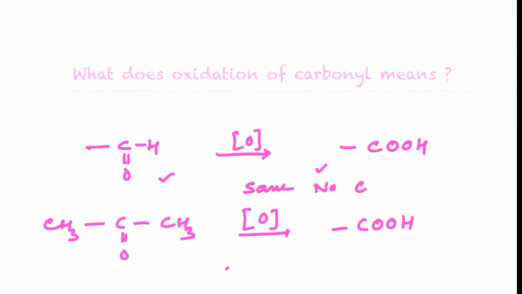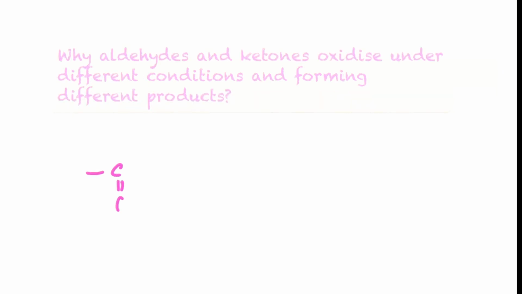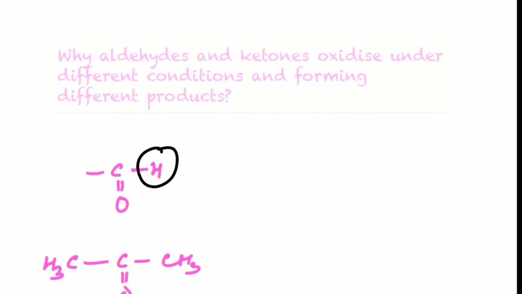But here in ketone we get a different number of carbon atoms, because the structure of CO is different from the structure of CHO. If you look at the structure of aldehyde and ketone, for oxidation of aldehyde we require this to become OH.